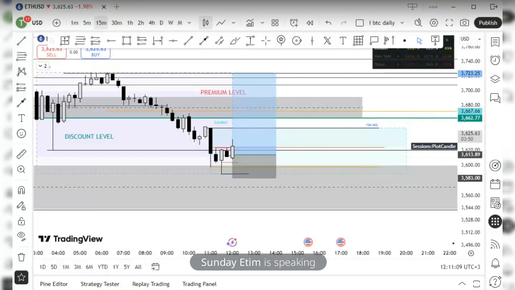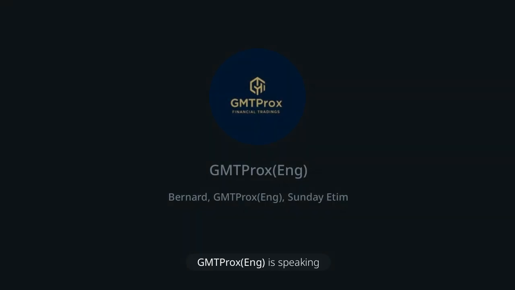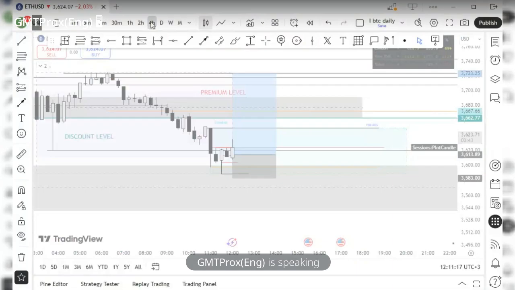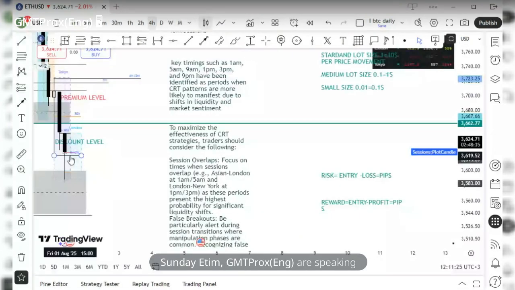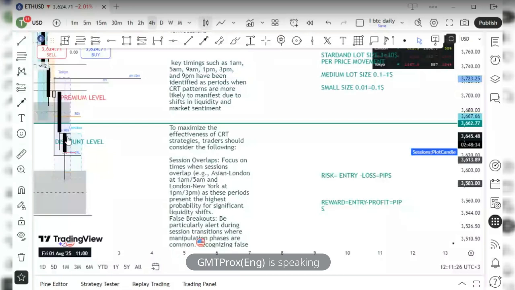That's what I was doing here. If you go to the 4-hour time frame right now, what do we see? Price was, I mean, the body was below this low, but now it has come back inside the 4-hour candle range high and 4-hour candle range low.